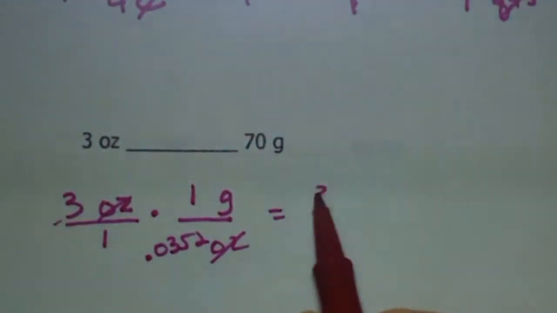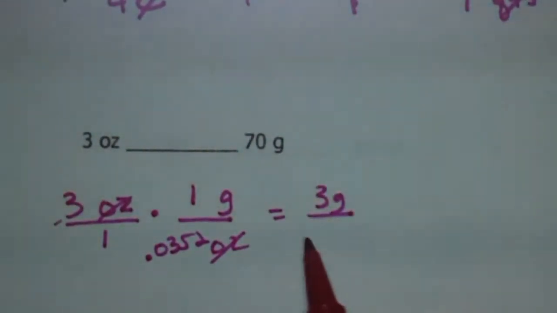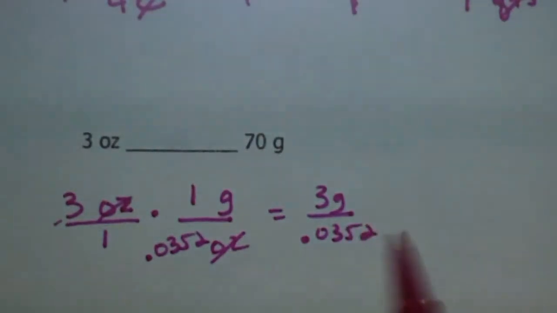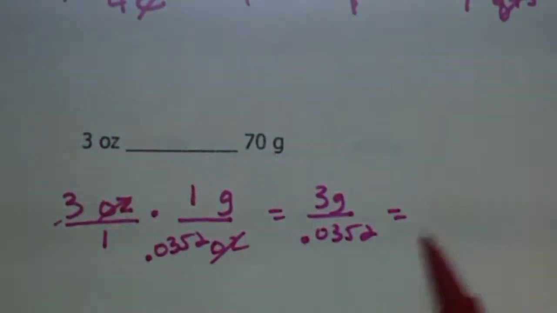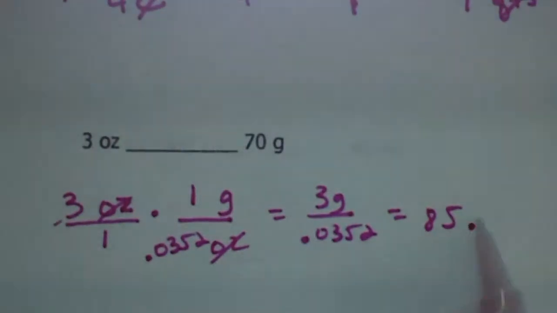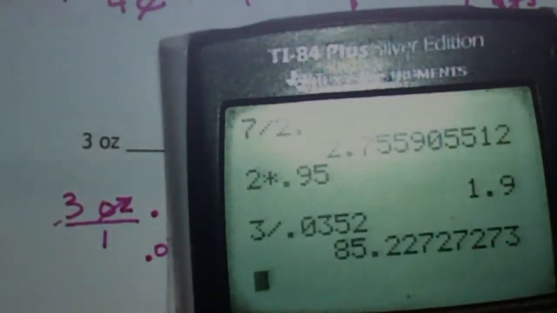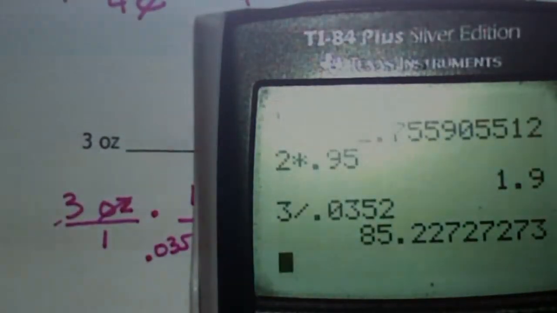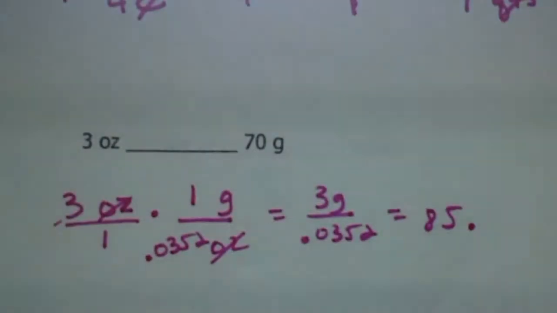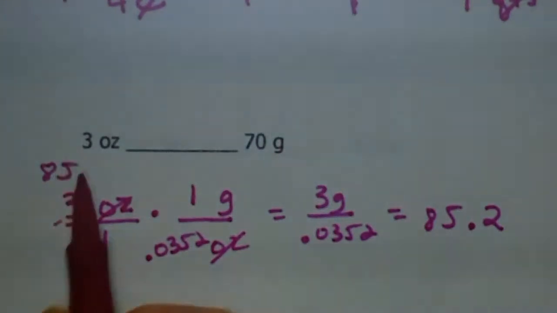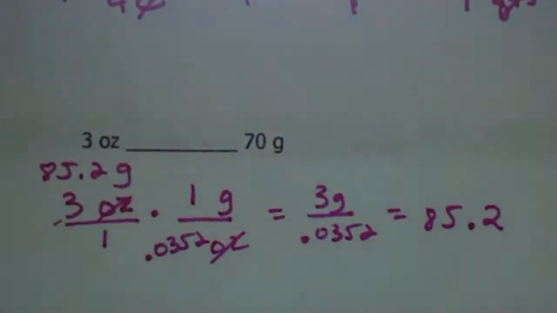The 3 times the 1 gram is 3 grams. 1 times 0.0352 is just that. We take 3 divided by 0.0352, and we get 85 point lots of stuff. So I'm just going to write 85.2 and round it to the nearest tens place. So 3 ounces is the same as 85.2 grams.